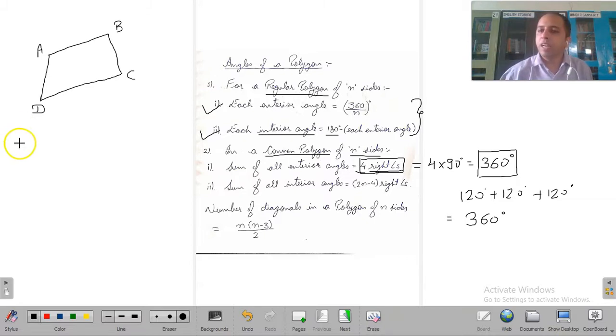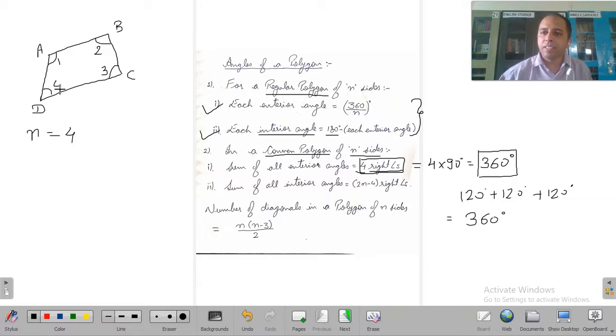A quadrilateral has 4 sides, so n is equal to 4 in this case. Now which are the interior angles of this quadrilateral? This angle, angle 1. Then this angle, angle 2. Then this angle 3. And lastly this angle, angle 4. These are the interior angles of a quadrilateral.